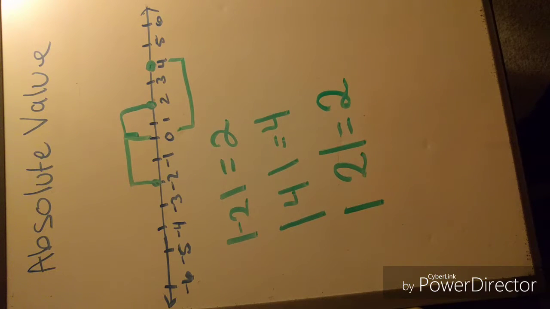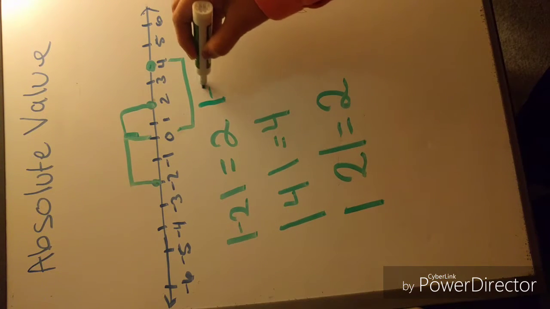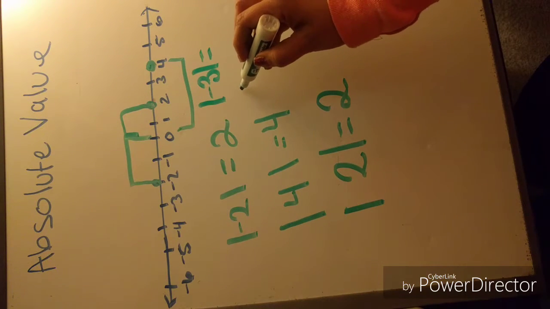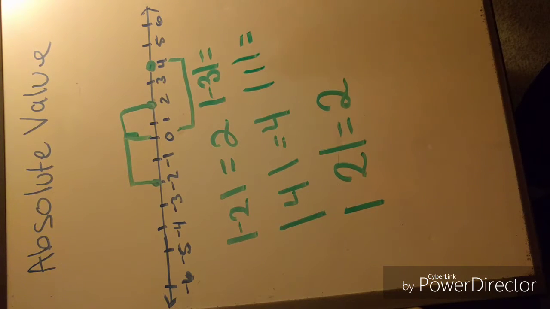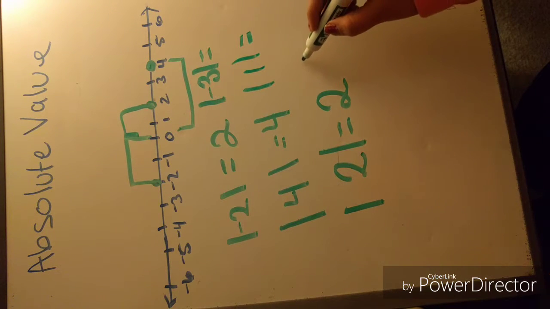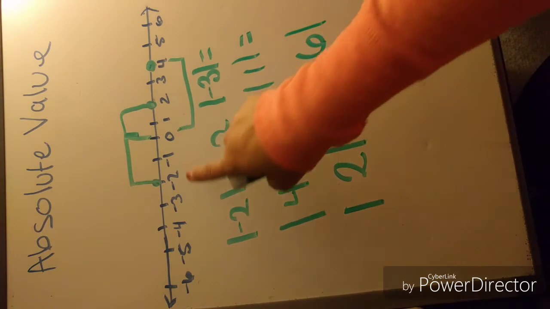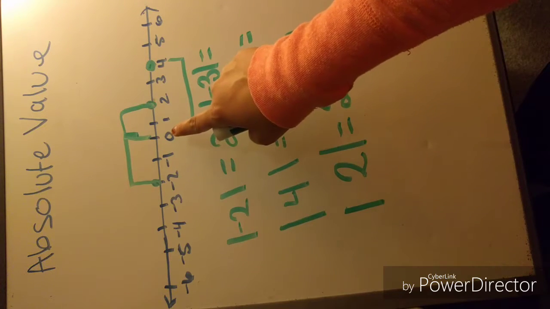So I'm going to ask you some more questions so that you can practice. So what about -3? And 1? And the absolute value of 6. So let's look at -3. It is 1, 2, 3 units away from 0.